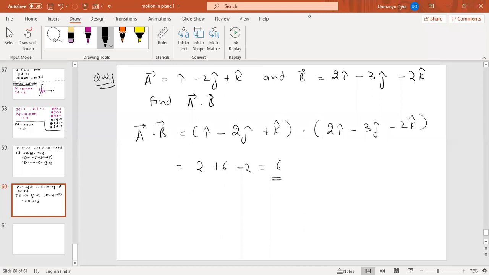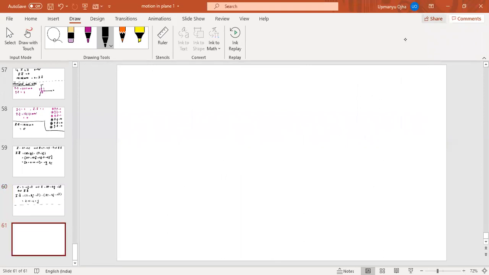6 is the answer here. Yes, very good. I think you all understand how to find the dot product. One more problem we can do now.